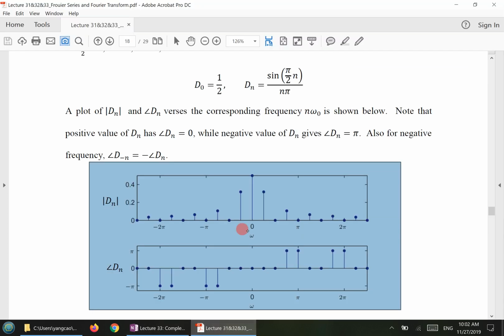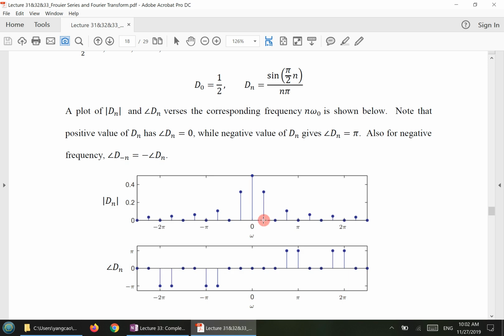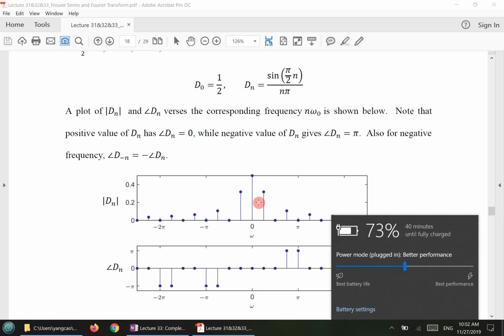And between each one of the plots, the two bumps here, the interval is just omega naught. Then as T naught goes to infinity, the omega naught becomes smaller and smaller, so this interval will become smaller and smaller. The two bumps will become closer and closer to each other, so there will be more of these bars.